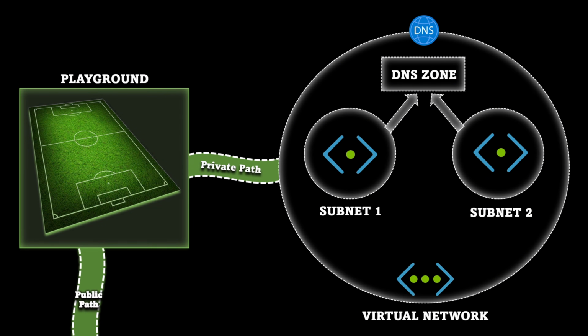It ensures that when your resources in your virtual network try to connect to a service, they don't go out to the public internet. Instead, DNS resolution happens privately, mapping the service names to their corresponding private IP addresses. This makes communication both easier and more secure.